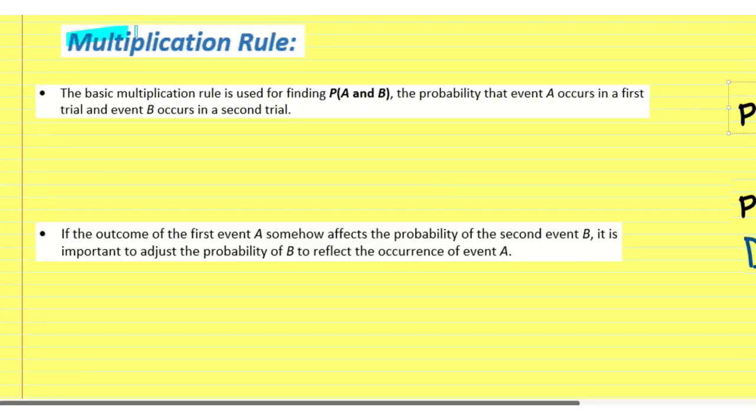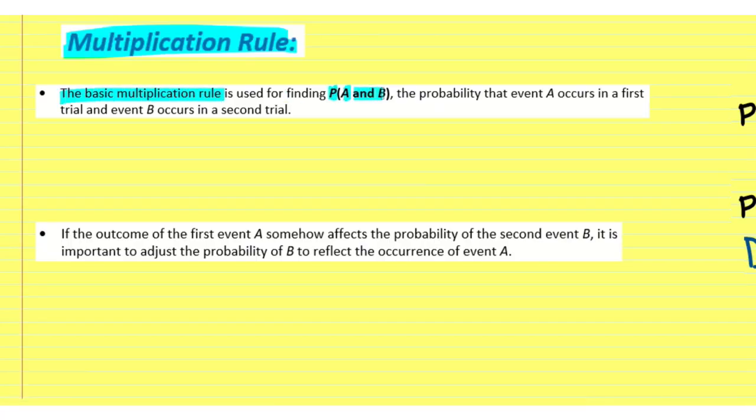Now let's introduce the multiplication rule. The basic multiplication rule is used for finding the probability of A and B: the probability that event A occurs in a first trial and event B occurs in a second trial.